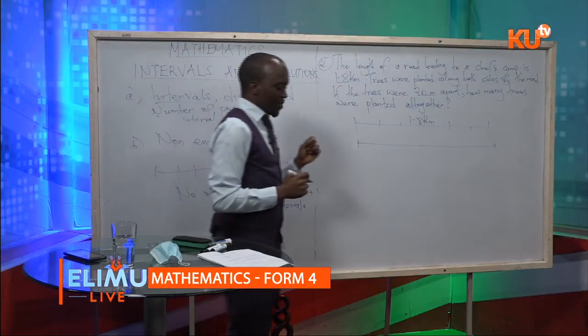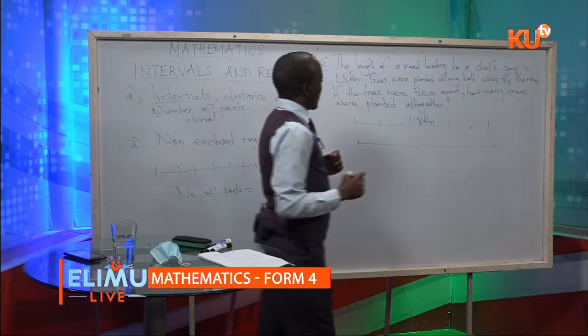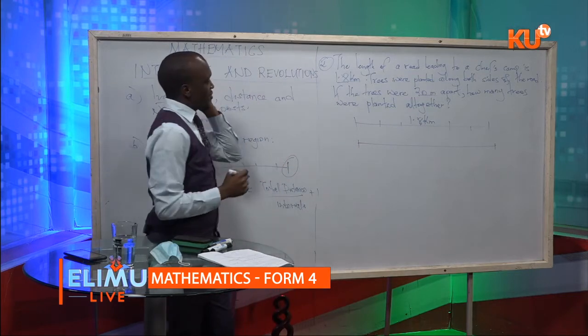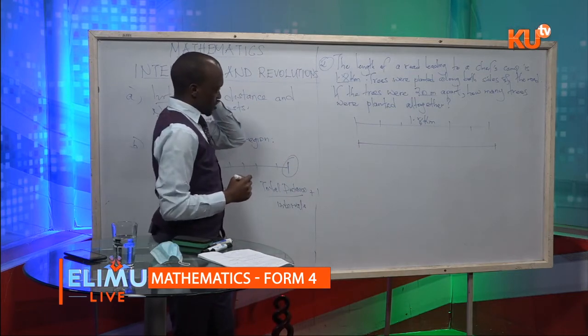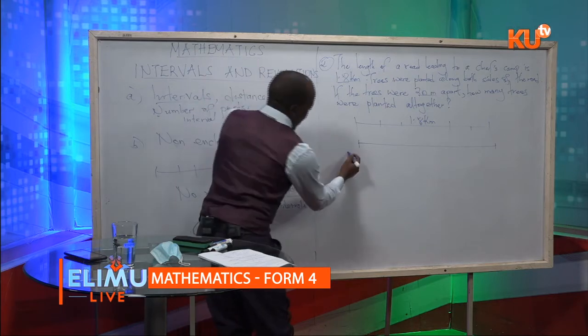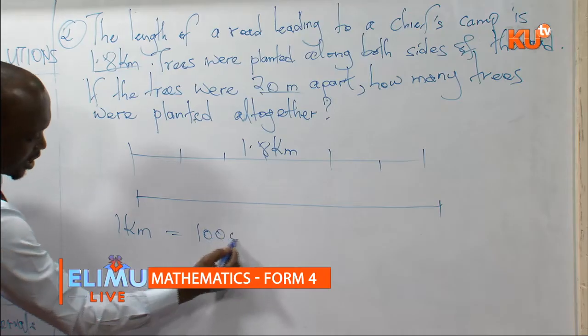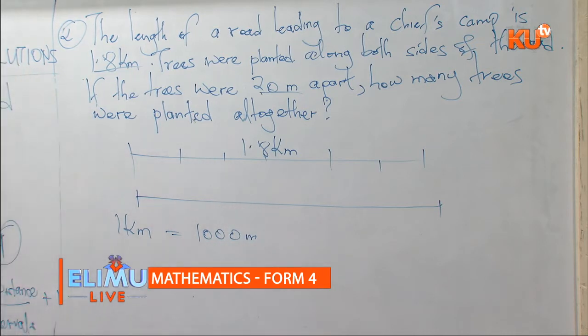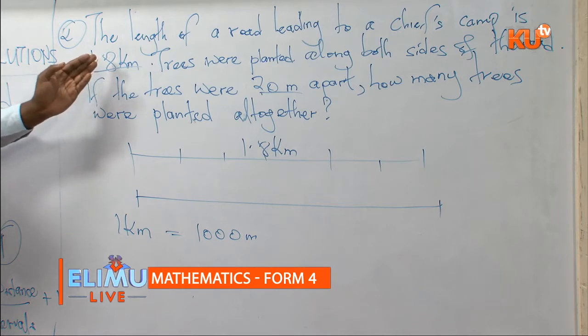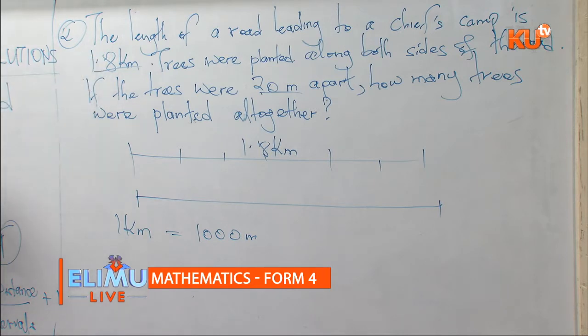That is why I started by that story where children told me about Kenya has dug many dams containing minerals. And we know that 1 kilometer is equal to 1,000 meters. So we shall simply convert this 1.8 kilometers to meters.